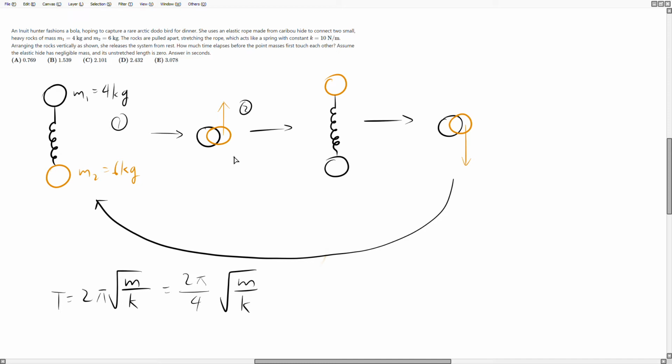For example, that would only work if both masses were at the bottom or both masses were at the top. Since they're at opposite ends, the effects would be super weird and we wouldn't really have a definite understanding of how it behaves. However, there is a trick, and it's something called the reduced mass.